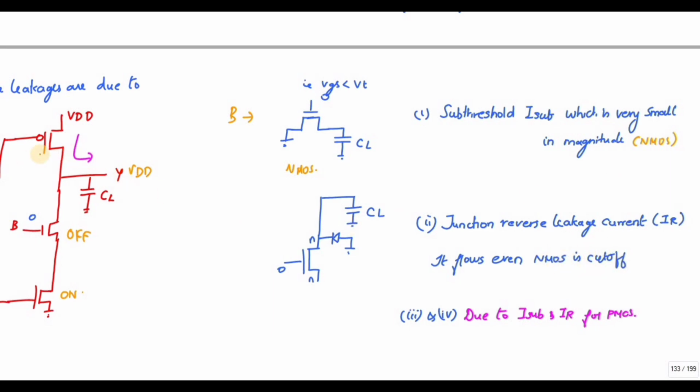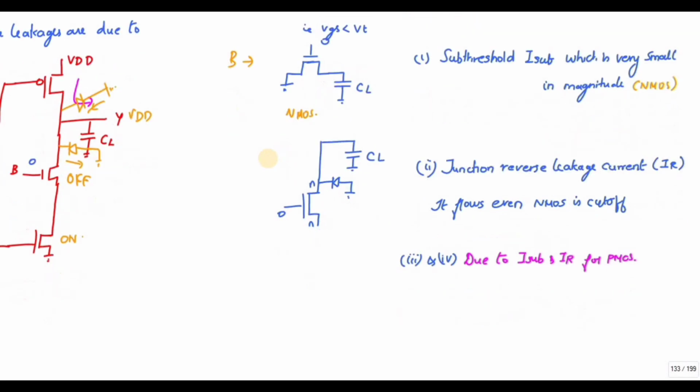In a similar way for PMOS, you have P and this is ground, so there is a possibility of reverse leakage current in this direction. Due to this there is also a possibility of a reduction in VDD.